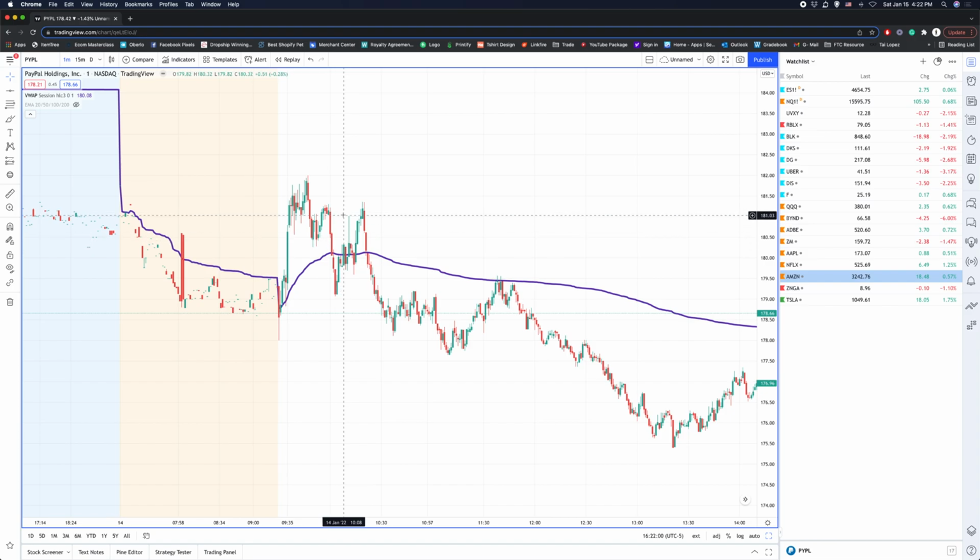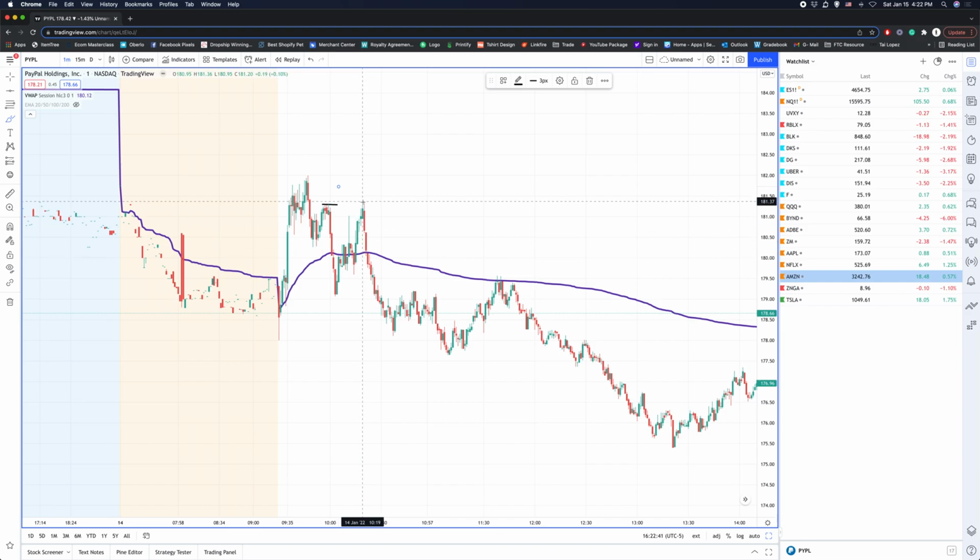So just wait a little bit. Typically my rule is, if it breaks above the previous high, which is right here, let's just use this, this is the previous high. If it breaks above that and closes, which means the candle is up here, then typically I will get out.